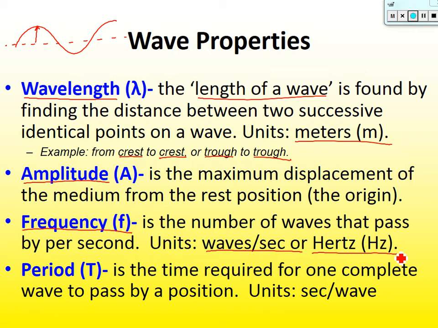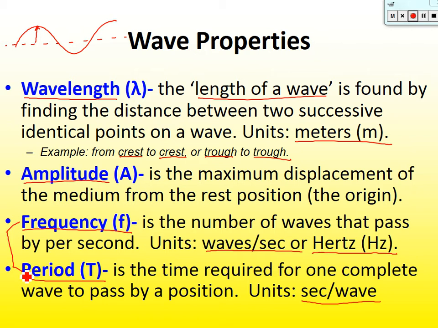Okay, we're going to learn about period today. Period is given a symbol that doesn't make sense. Capital T. It's the time required for one complete wave to pass by a position. If you look at the units for period, it is seconds per wave. Guys, how do these two wave properties relate to each other?